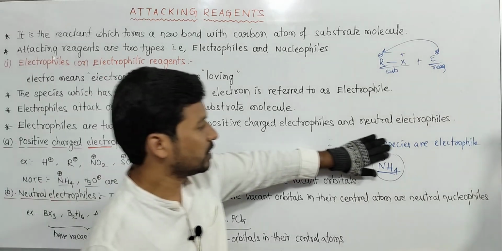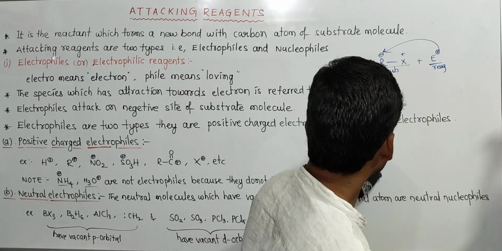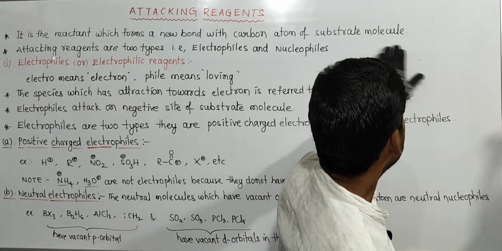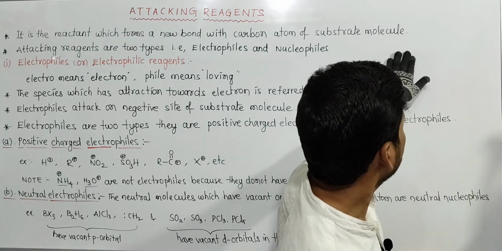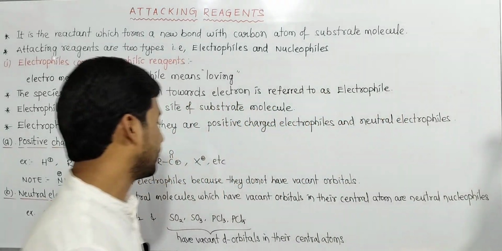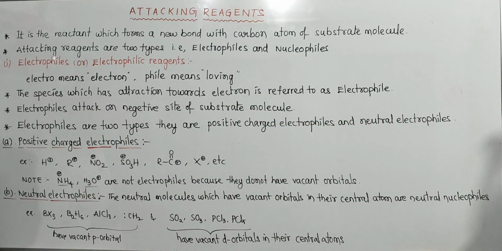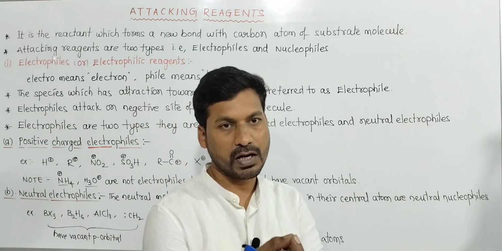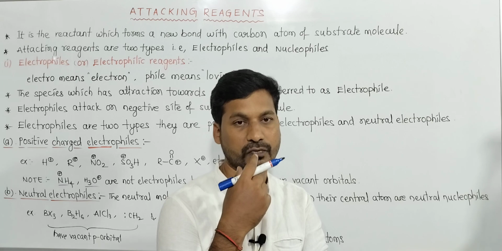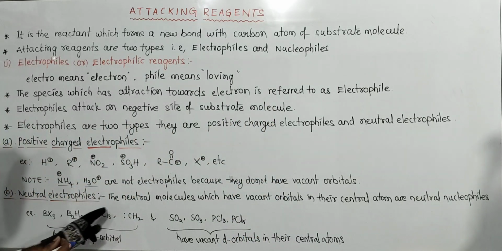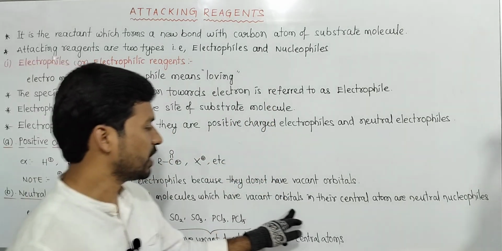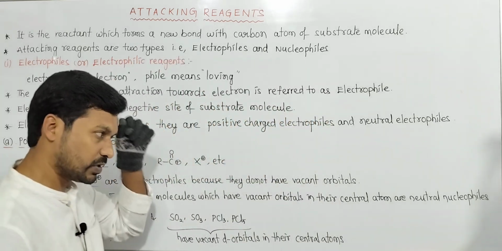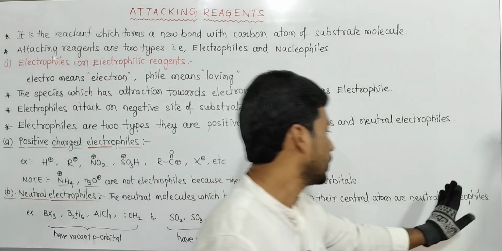Next, the second category of electrophiles is neutral electrophiles. What are neutral electrophiles? They are not carrying a positive charge, but the neutral molecules which have vacant orbitals in their central atom are neutral electrophiles, not nucleophiles.